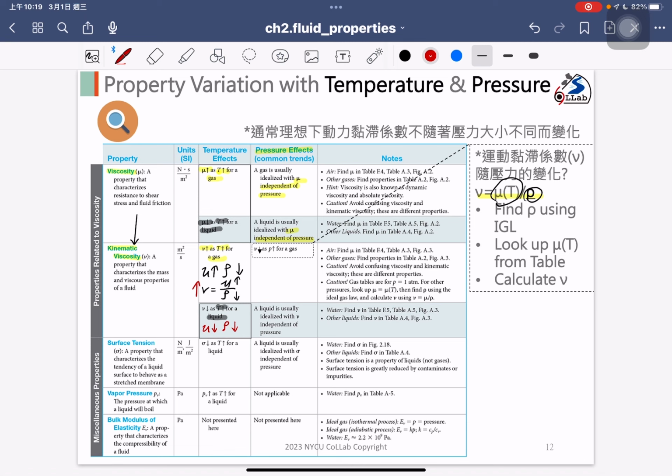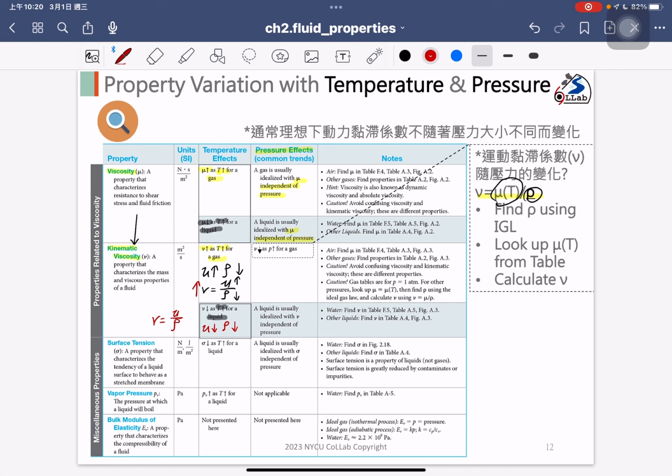So if we go back to the definition of nu equal to mu divided by rho, we cannot decide whether the kinematic viscosity increases or decreases, because both the top, mu, and the bottom, rho, have a decreasing response. So we cannot identify whether the kinematic viscosity increases or decreases.